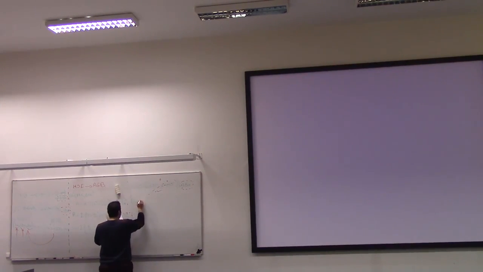But the correct equation is this: 3I minus R plus G. Okay, we have the value of the R, here we found it. And also the value of the G is equal to 150, and we can write it this way.